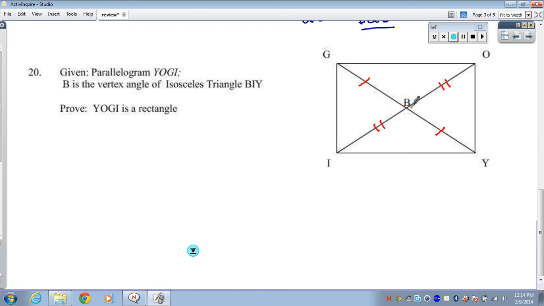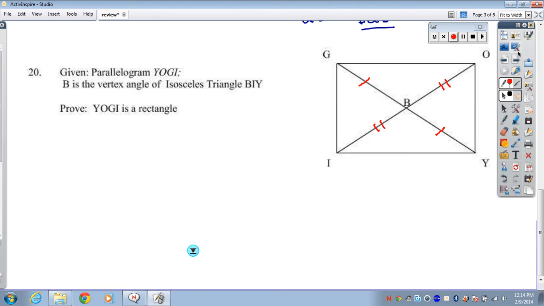And we know that this is a vertex angle of triangle BIY. Therefore, that is an isosceles triangle, and these two sides are congruent. If these two sides are congruent, and these two sides are congruent, then this side and these two sides are congruent.